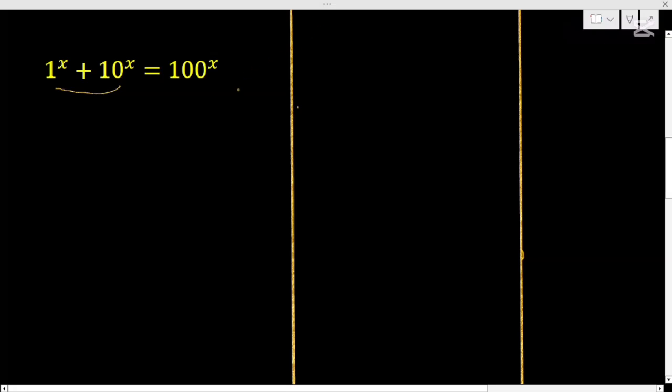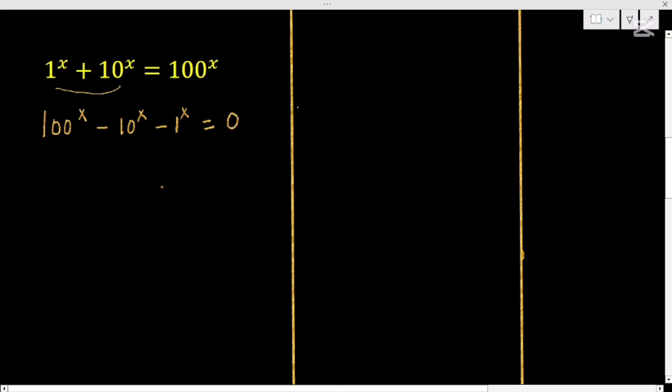And when we move it to the right-hand side, you remember that their sign will change. So it means we'll be having 100 raised power x minus 10 raised power x minus 1 raised power x equal to 0.